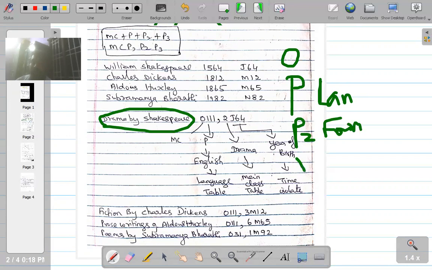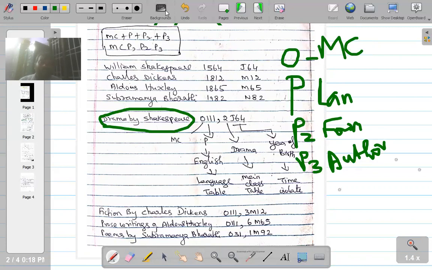Then comes P3. P3 stands for the individual author whose work is being described in your example. So three things are there. One is O, which is the main class of literature. Then we have P, P2, and P3. Let us see where you get numbers for all these things.